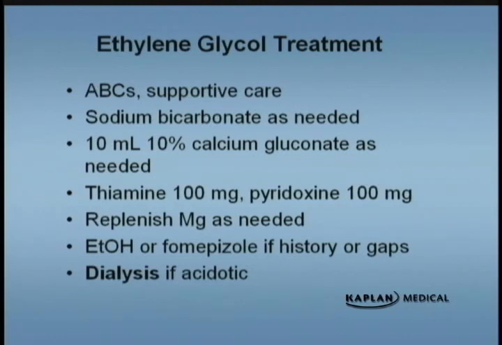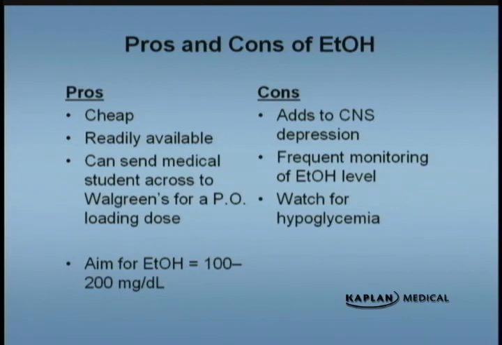And again, we want to give the ethanol or fomepizole to block alcohol dehydrogenase. That will prevent the formation of the acidosis. This is another dialyzable substance, and for severely ill patients, dialysis is indicated.